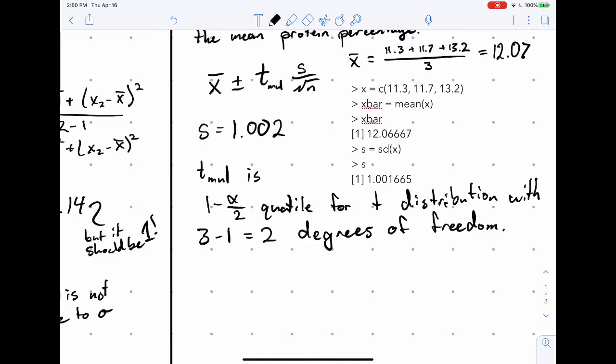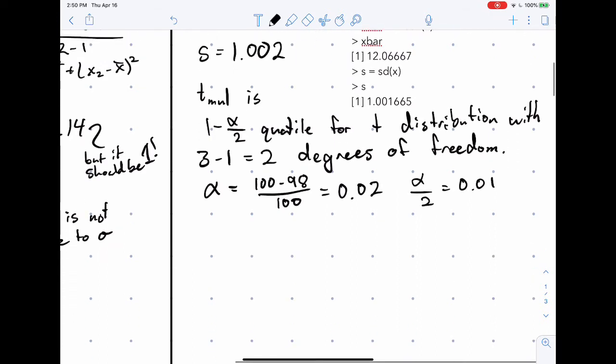So here, alpha is equal to 100 minus 98 divided by 100, which equals 0.02. So alpha over 2 is equal to 0.01, and then 1 minus alpha over 2 is equal to 0.99. So we're looking for this quantile.